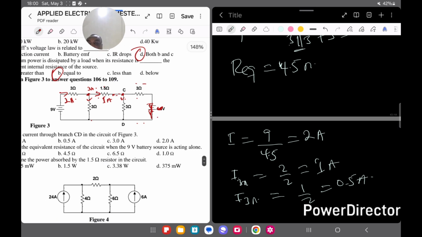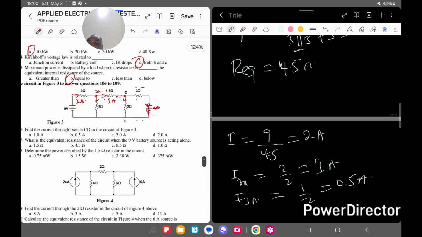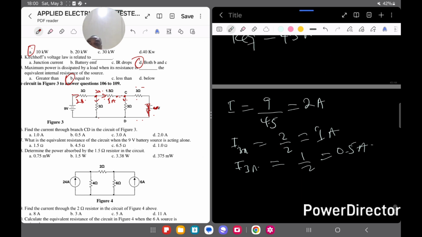Okay. So that is for the first part, right? When you turn off this, the 4.5 volts source. Now we are going to turn off the other.